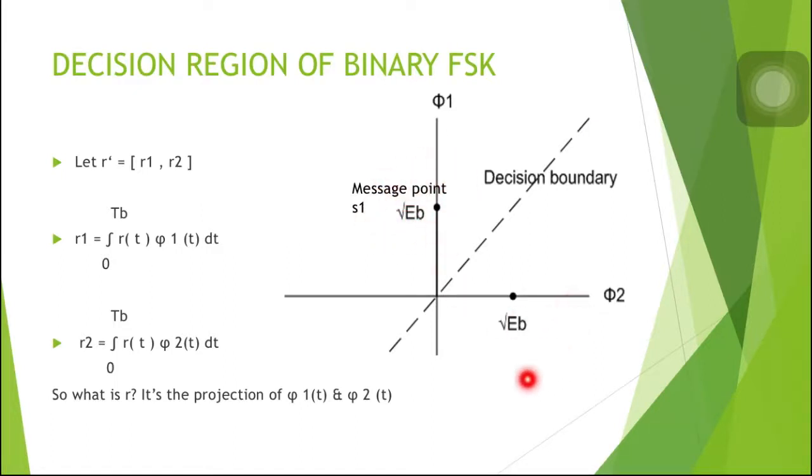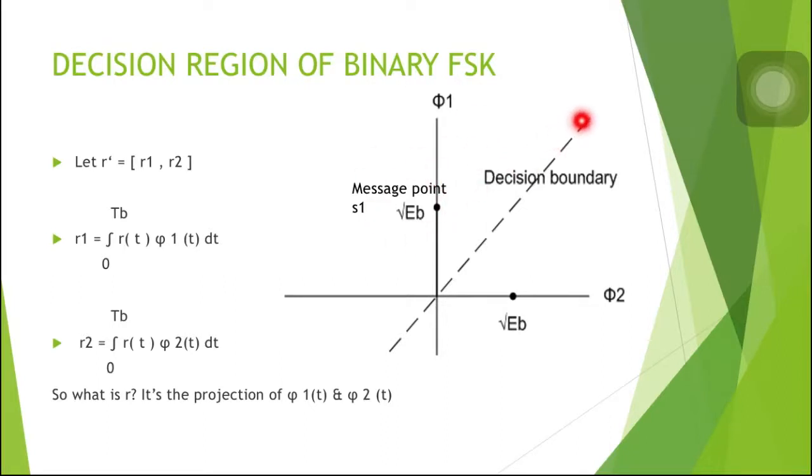If something comes in this R2 region, it will come to the message point S2. I have not written message point S2, but I have written message point S1. Similarly, there will be a message point S2 over here. So if anything comes over here in favor of R2, it will come across this, and if anything comes here in favor of S1, it will come across here.